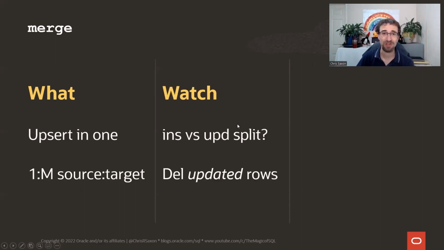Things to look for: if you want to capture the insert versus update split, we saw there's no simple out-of-the-box way to do it, but there are various ways you can try depending on what you need to do. You can also optionally delete rows, but only the rows that were updated. So if you want to remove the non-existing rows, you have to make the source table a full outer join.